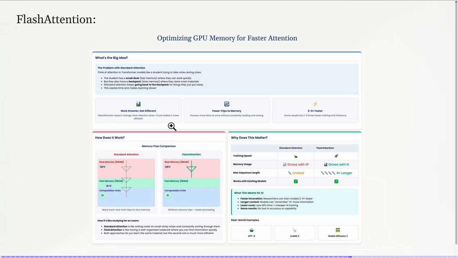For Flash Attention, they try to do everything in the same memory, optimizing the flow of data between the memory of the CPU and the memory of the GPU, because the transfer of data between two different memories depends on the paths between them. This affects the computation speed a lot.